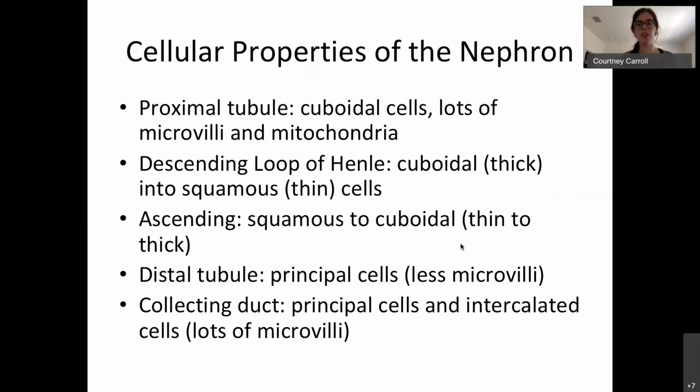In that first part, the descending loop of Henle, the cells are going to be cuboidal to start, and then they're going to get to a squamous cell shape, so they're going to start thick and get thin. The ascending rather goes in the opposite, so it starts thin and gets thick cells. In that distal tubule, we have some principal cells, and in the collecting duct, we have principal cells and intercalated cells. And we'll break down what these cells are doing as we get to each part.